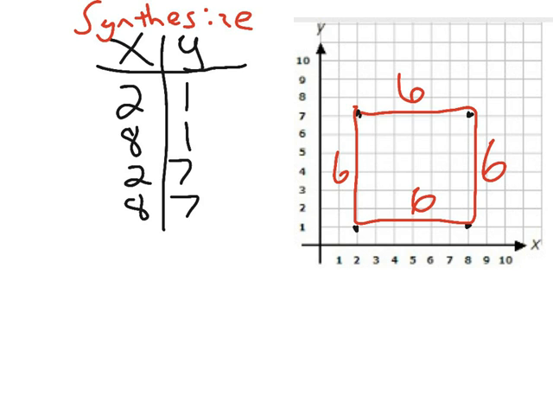Well, right now, it's a rhombus because all the sides are the same length. And if I start to do some analysis on the ordered pairs and calculate the slope between this side and this side, I find out that it has a 90-degree angle.